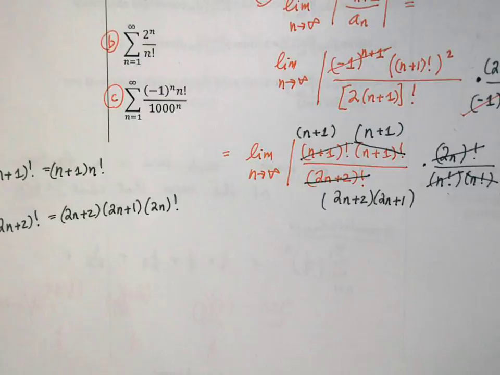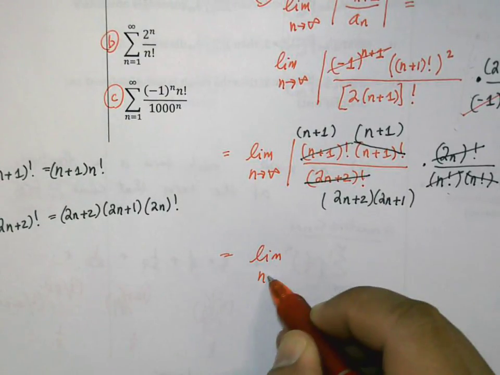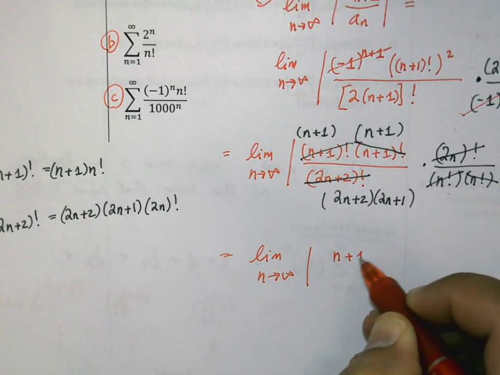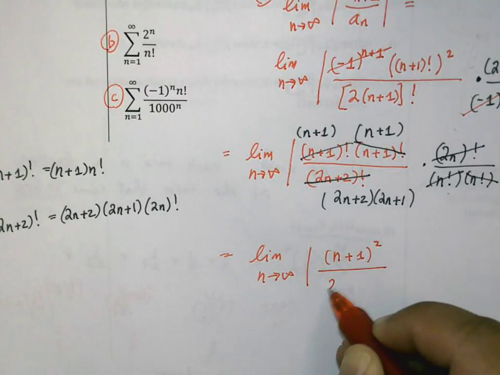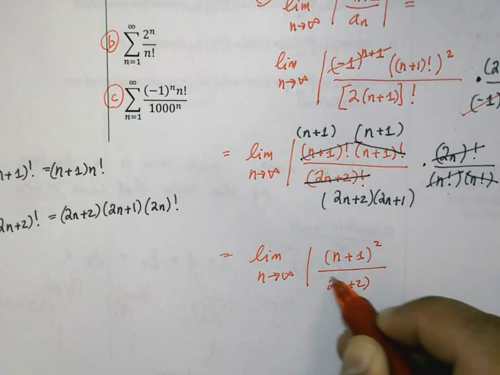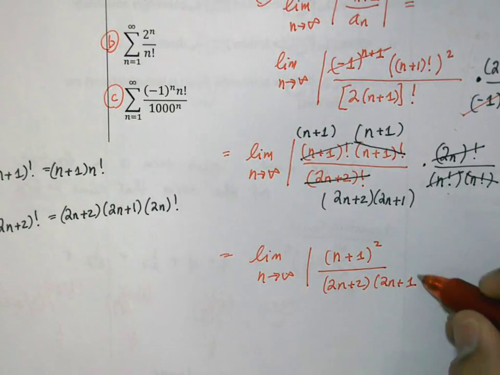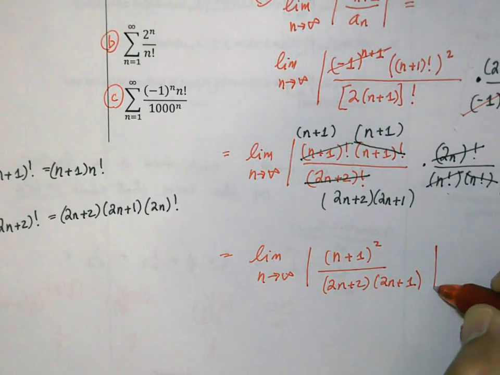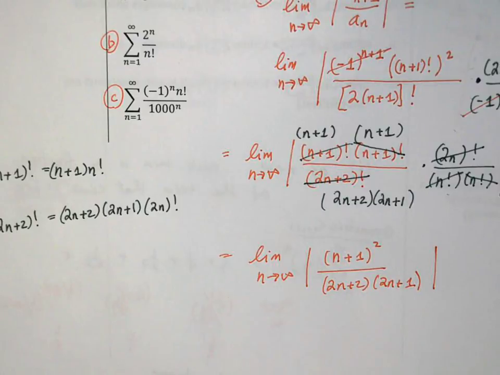Okay. Whew. So this becomes the limit as n approaches infinity of the absolute value of n plus 1 squared divided by 2n plus 2 times 2n plus 1, the absolute value of all of that. Okay.